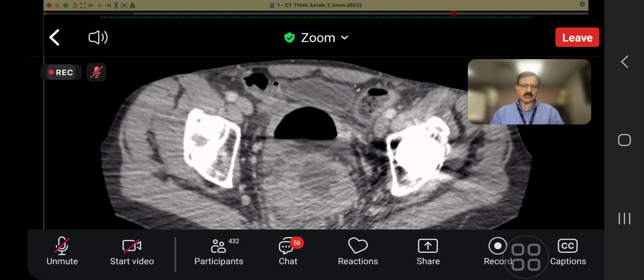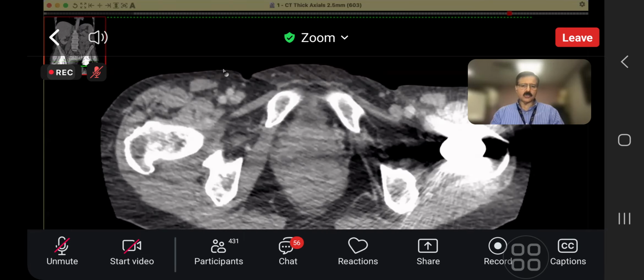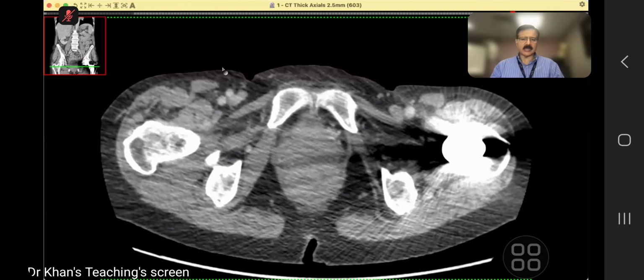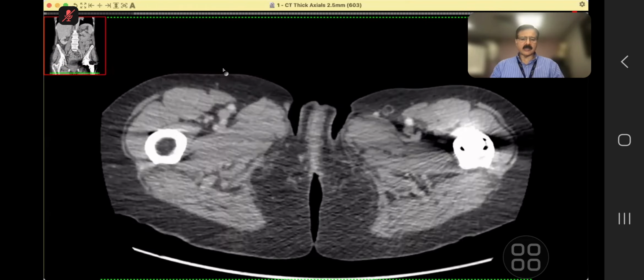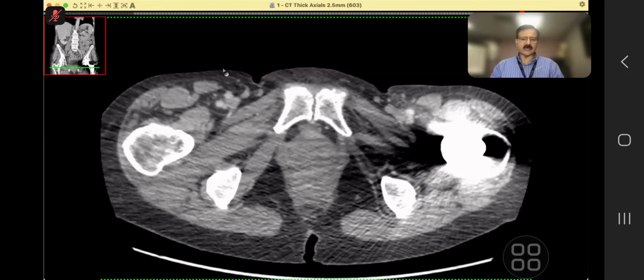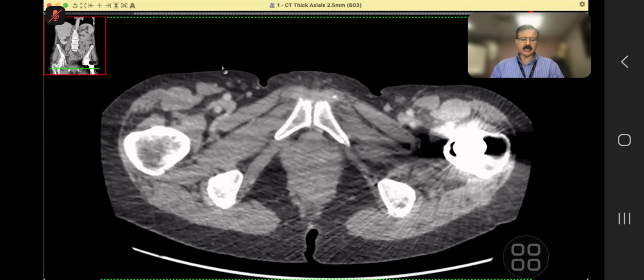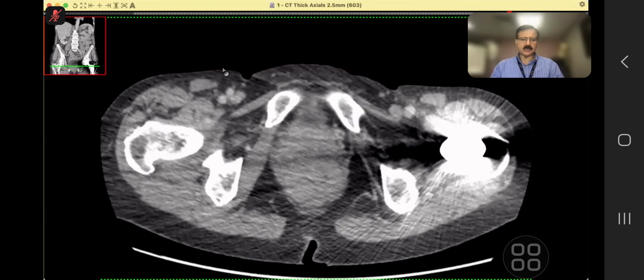For example, it is their right to just give you an axial sequence. End of story. So at times you don't have the luxury to see everything on every sequence. So you have to develop your anatomy. The key learning point in this case is develop your anatomy on all sequences, particularly the axial sequence.